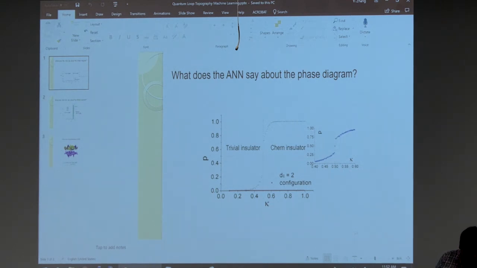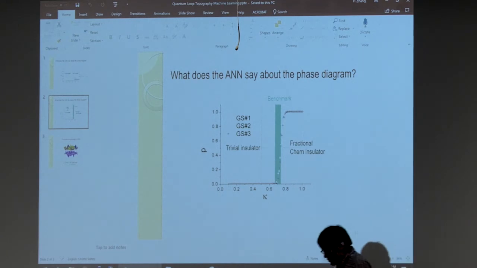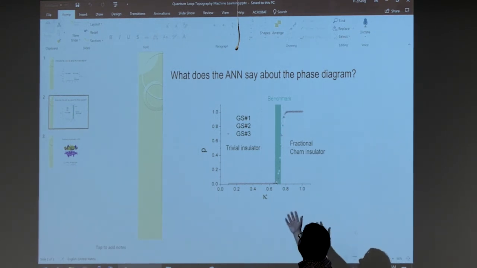So here is another example. This example is a fractional Chern insulator wave function. If you recall the lecture yesterday, this can be done with Parton construction.